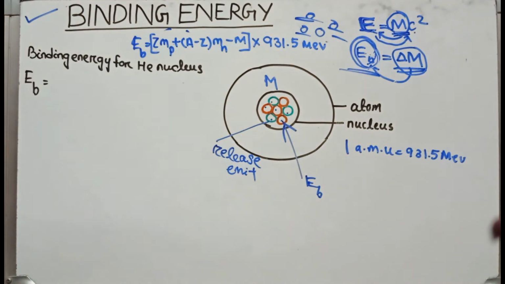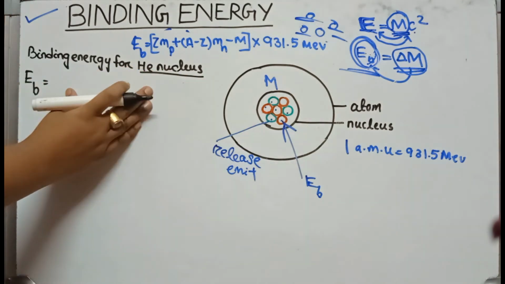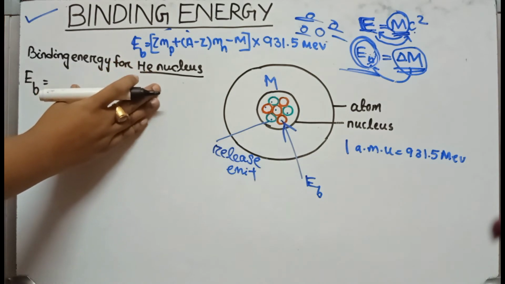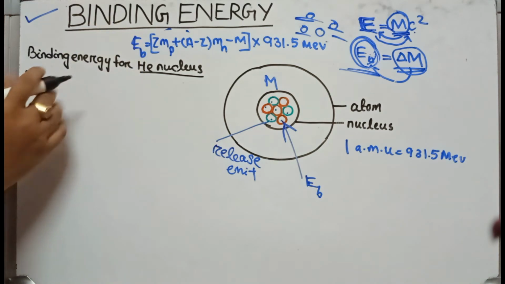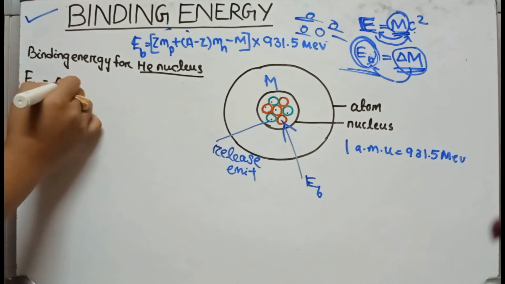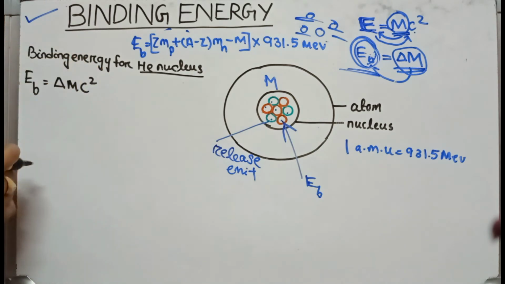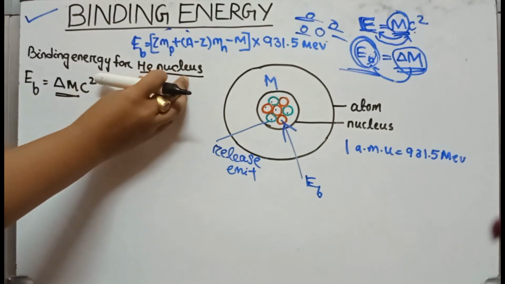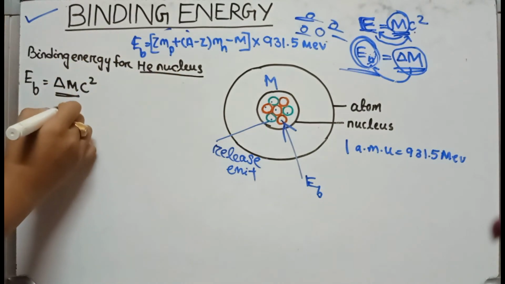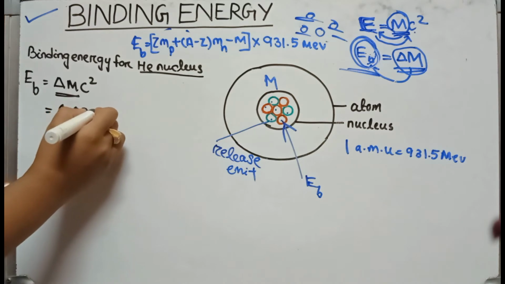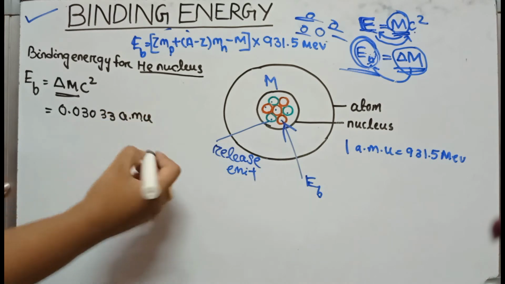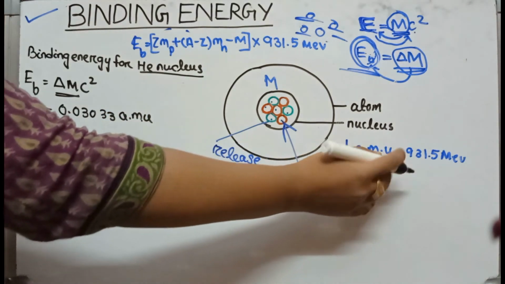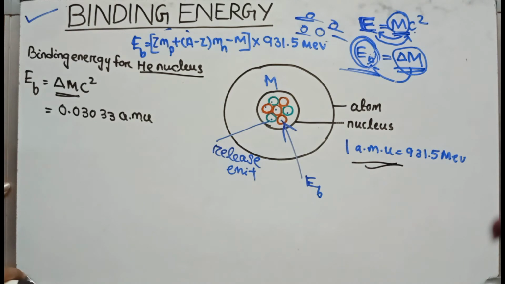Now here we discuss binding energy for the helium nucleus, so that with the help of this example, you are clear about binding energy. See here, student, binding energy equals delta M into c square. The mass defect for the helium nucleus is equal to 0.03033 AMU. And we know that 1 AMU is equal to 931.5 mega electron volt.